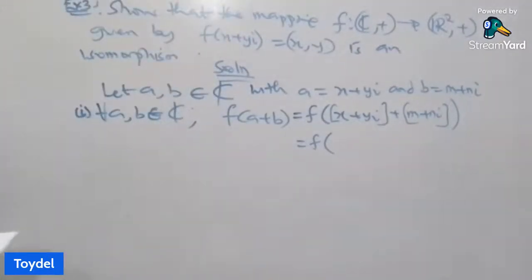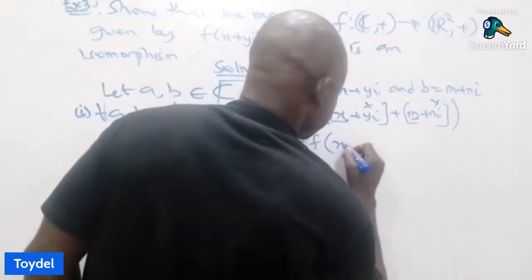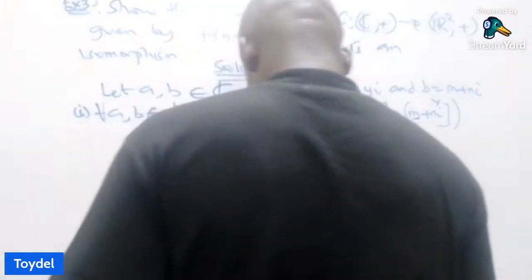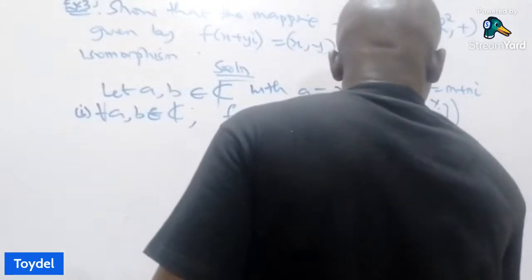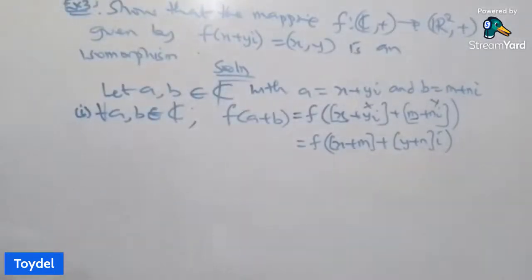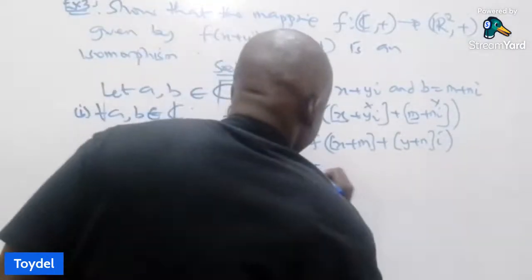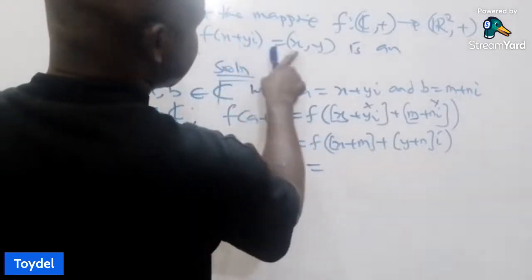This is real, x, m, and complex, yi, ni. So I'm going to have x plus m, then plus y plus n, everything in bracket i. I add real to real and complex to complex. At the end of the day, what is f of x plus yi? It is x comma y.